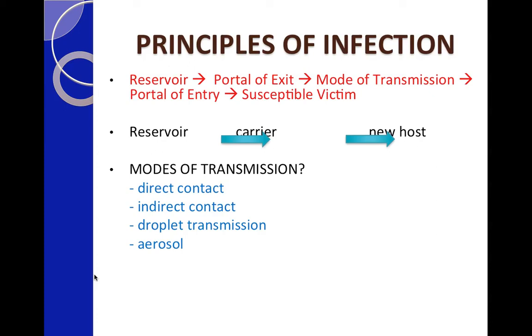And then vector-borne transmission is where you might have an insect or an animal that is an intermediary host, like mosquitoes in West Nile virus or in malaria. Wash your hands always. That's probably the best way to control transmission of infection.